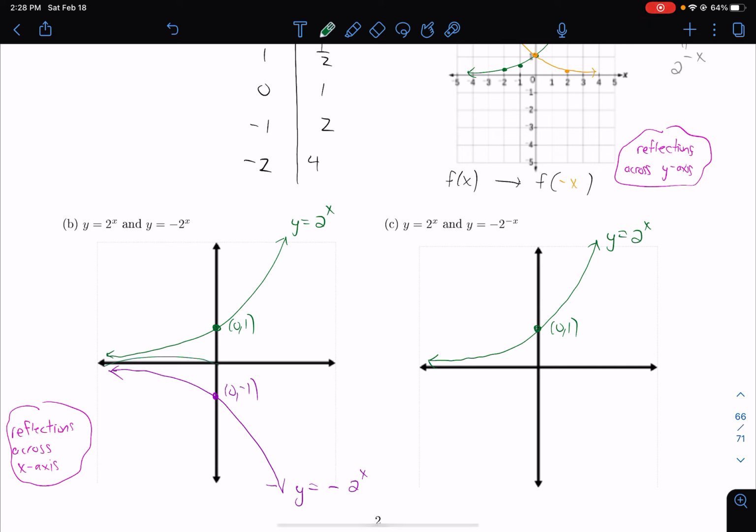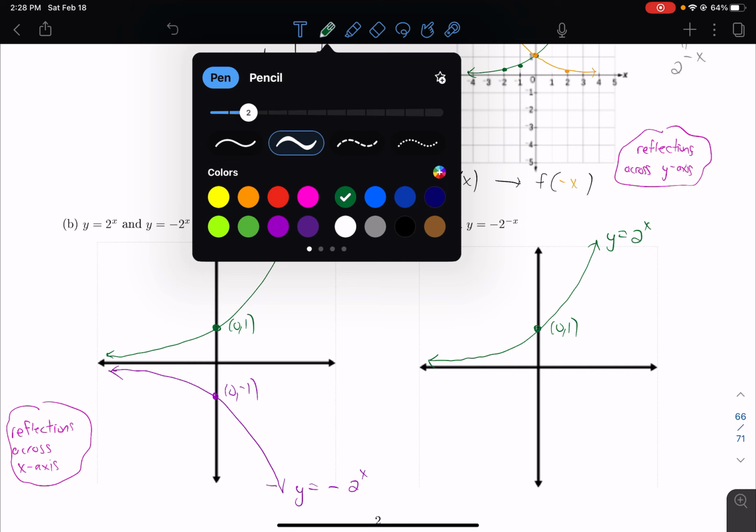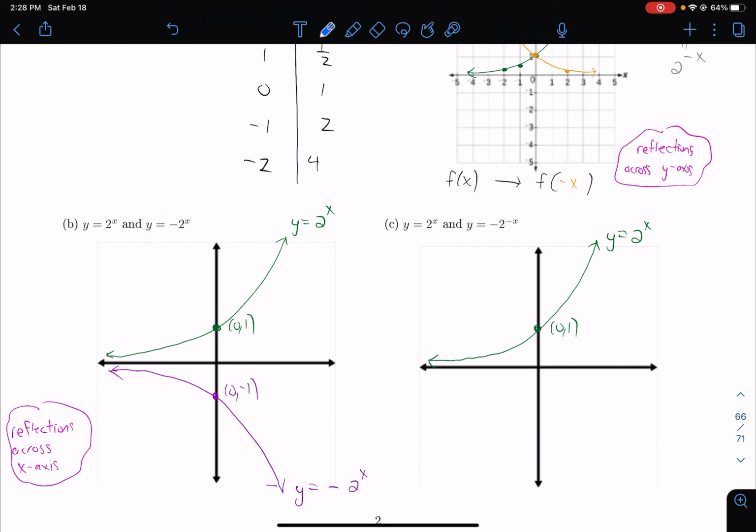So this previous graph was a reflection across the x-axis. I now have to take that and reflect it across the y-axis. Reflecting that graph across the y-axis, it's going to go to this balance point, but it's going to go this way up to the x-axis and then drop down quickly this way.